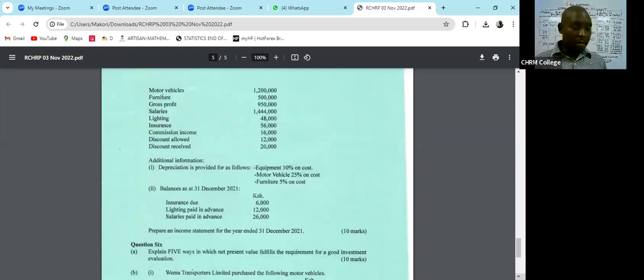You are given the balances. Then you are told to prepare an income statement for the year ended 31st of December 2021.